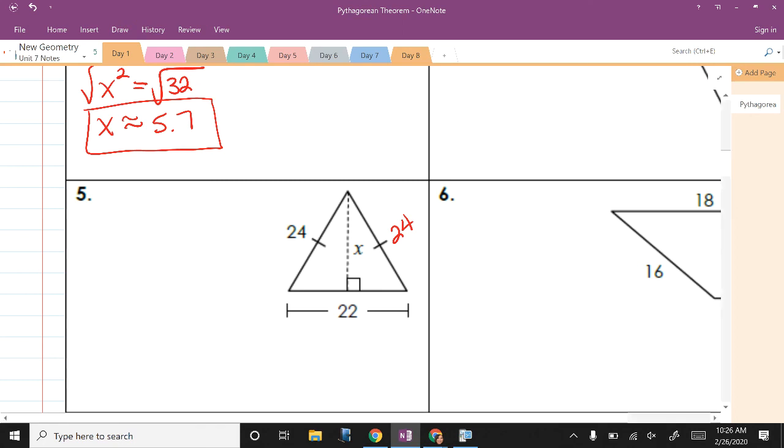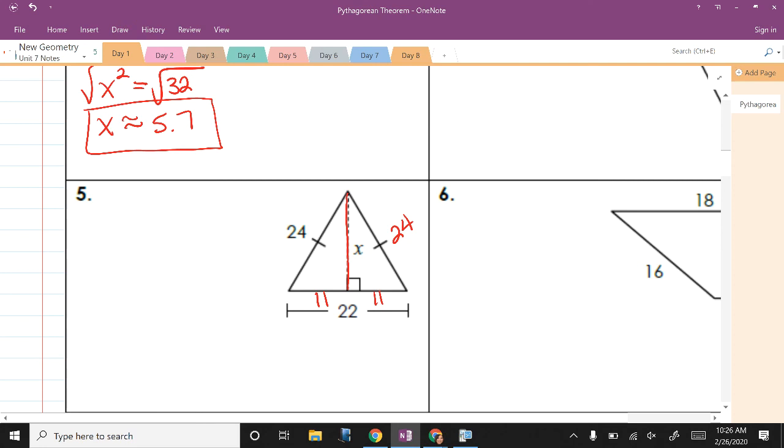Bisector. So that means I can split this length of 22 into 11 and 11, correct? And that's just using what we just talked about yesterday. So this is 11 and this is 11.